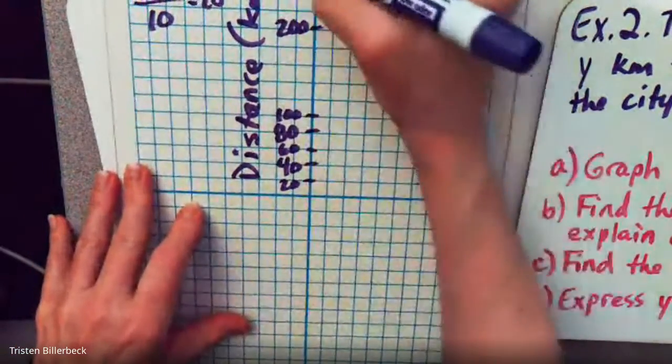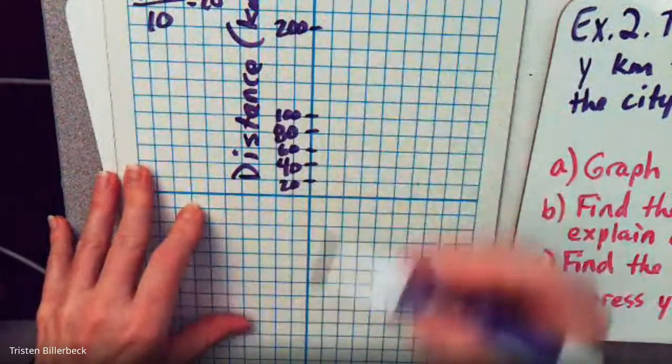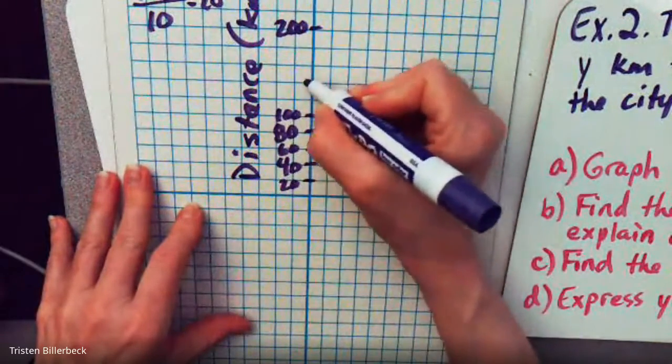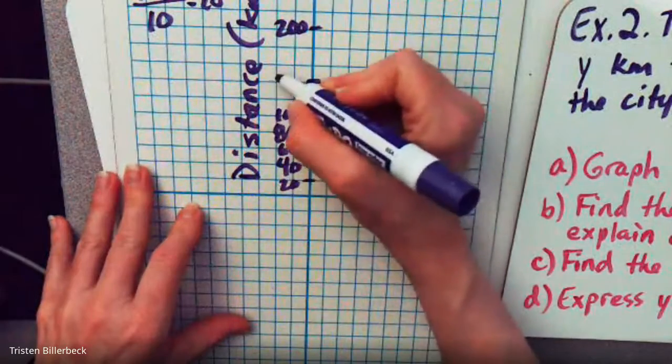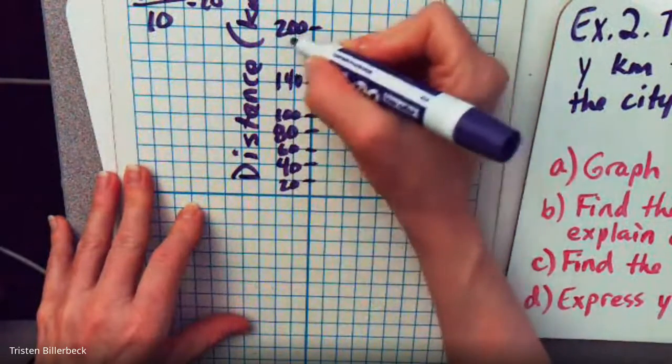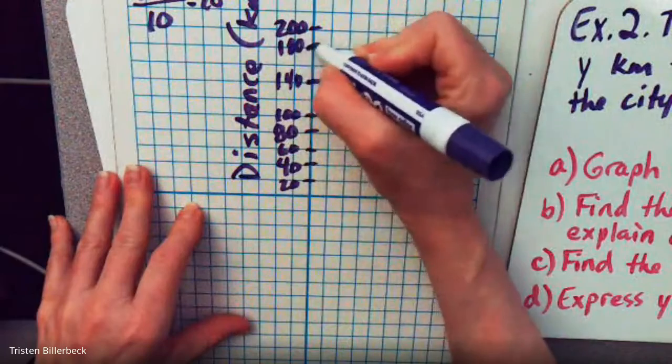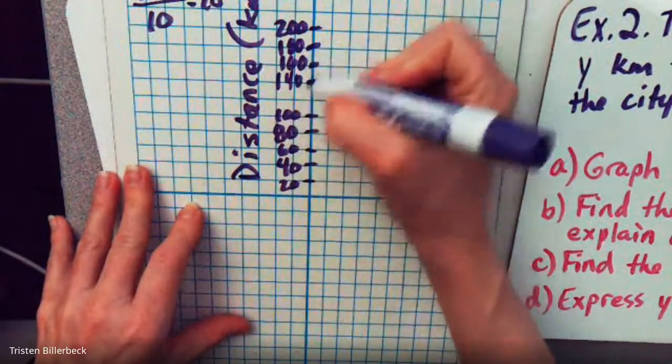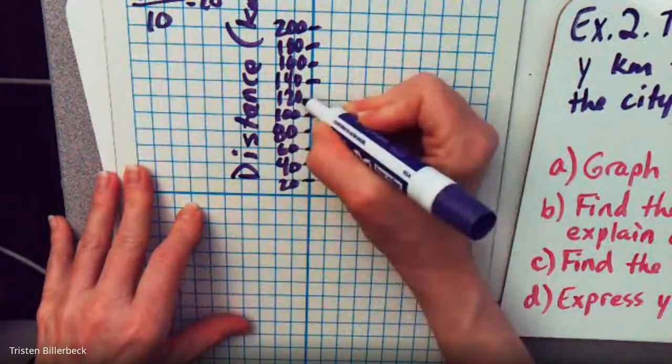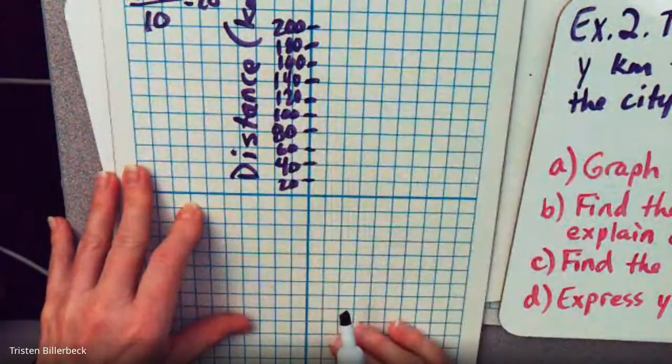So that's our y-axis. Sometimes we have to create the y-axis. Let's see. So this would be 140 and 180. We have to be really good about creating our scale on the y-axis so we can represent our data.